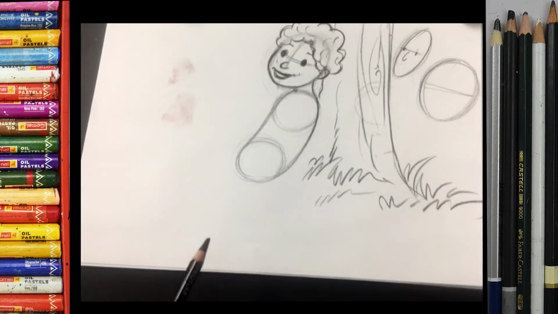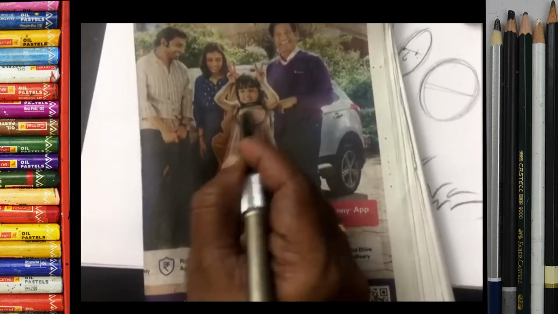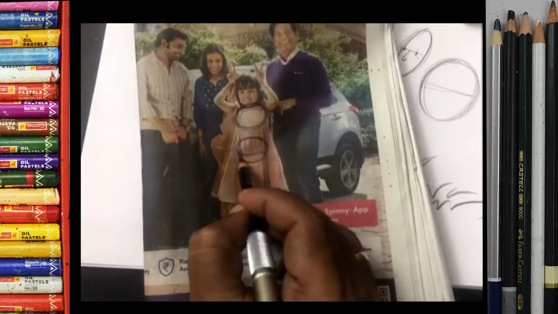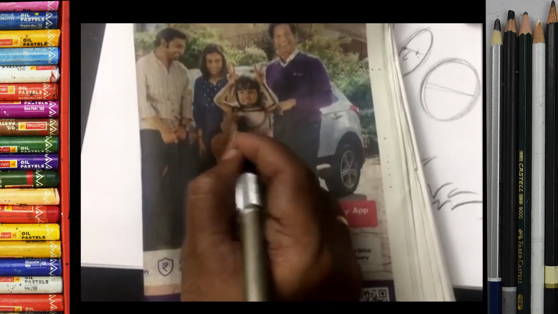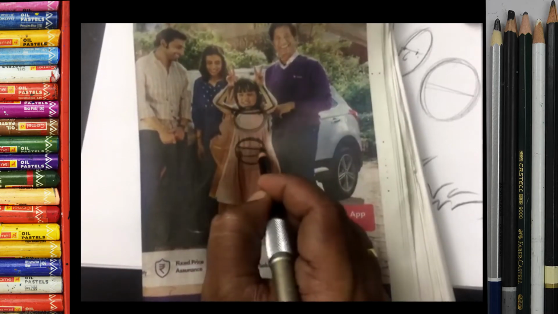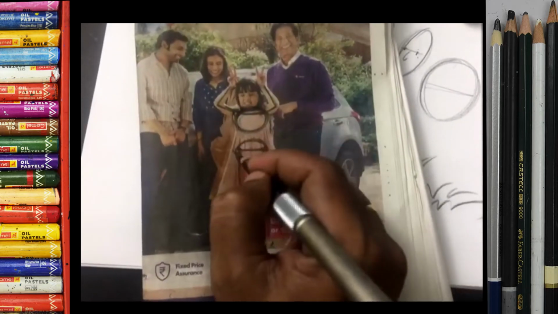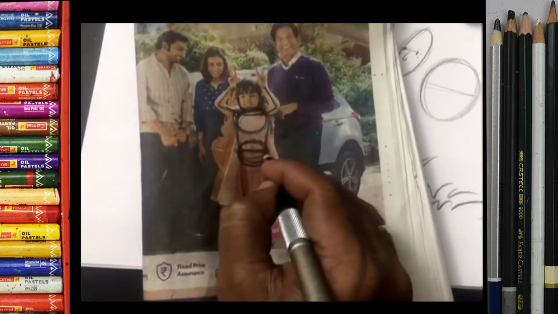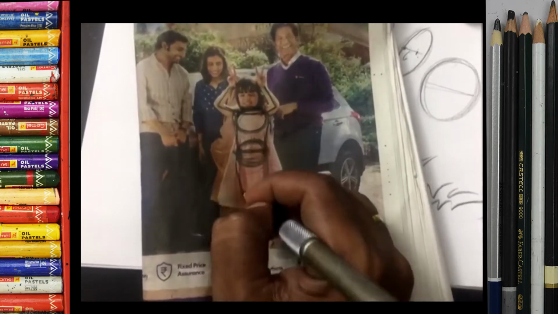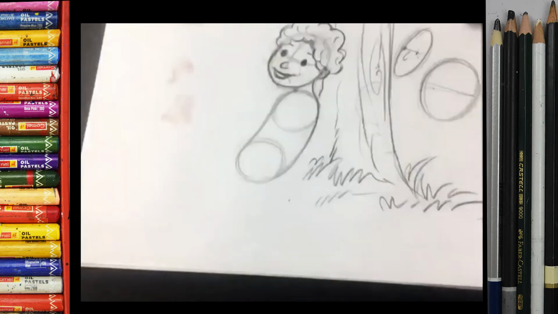From the torso the hand is coming, and for the pelvis, this is the chest, this is the kamar. And from the kamar, the pelvis, the leg is coming like this. Okay. So this is the thing.